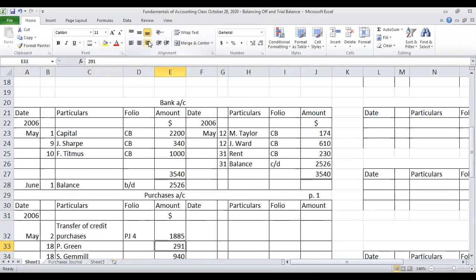Therefore it will be said that your bank has a debit balance of 2,526. Remember I said a while ago that when you add up both sides, you put on the figures first, and then you proceed afterwards.